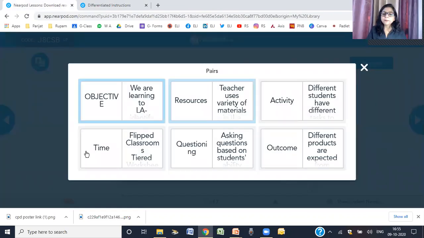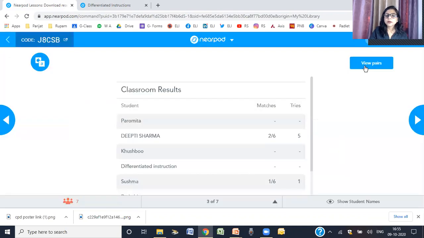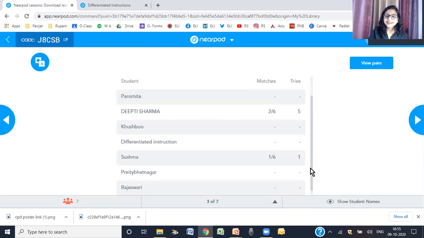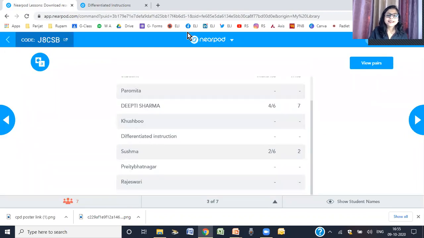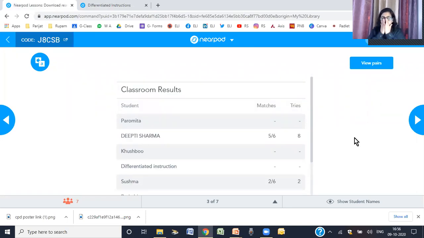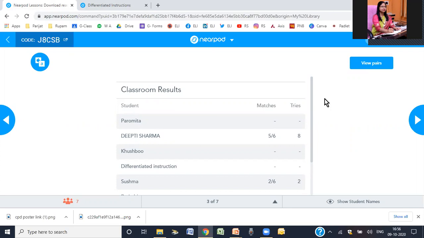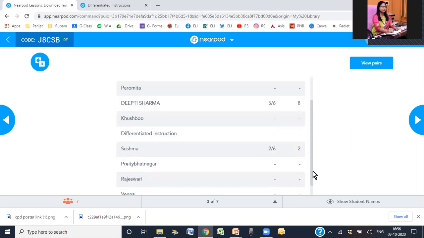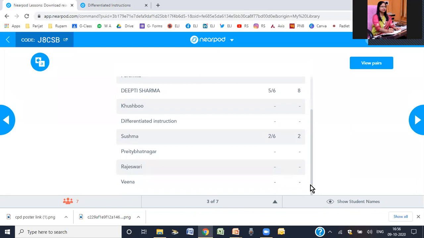I have put the pairs also up here, so you can check what pairs I have put. Okay, I will not put it up here because that's the right answer. Only 2 people are able to attempt it till now. Deepti has attempted.